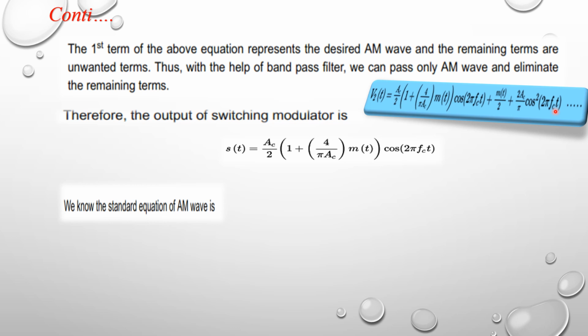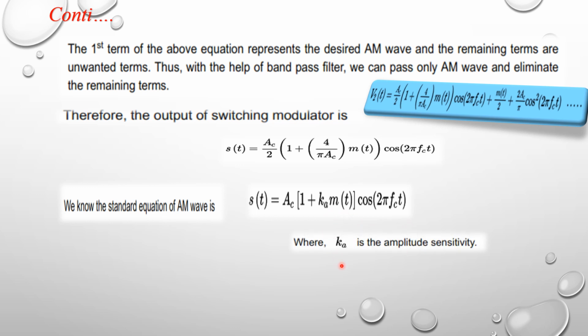We know that the standard AM equation is s of t equal to Ac into 1 plus Ka m of t into cos 2 pi fc t. Compare the standard equation with the derived equation. Ka is the amplitude sensitivity factor, which is equal to 4 divided by pi Ac.